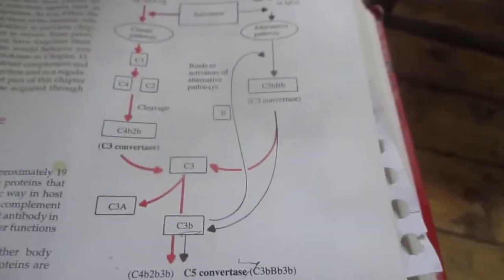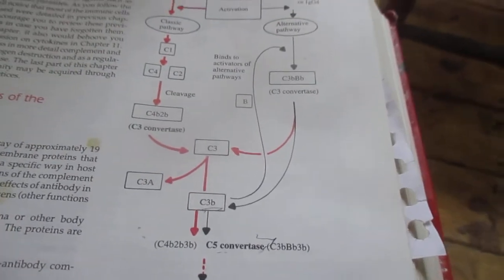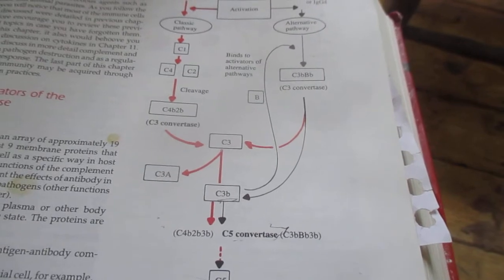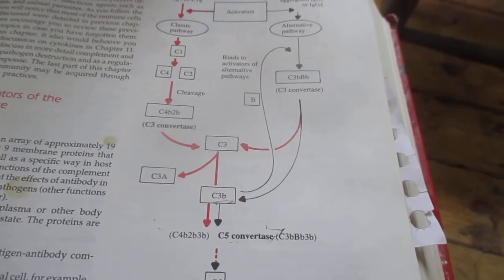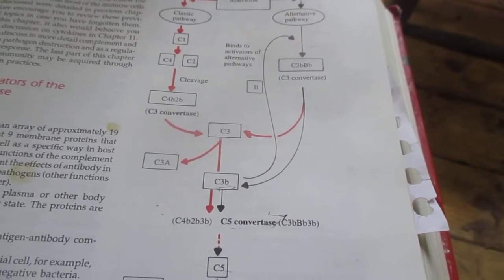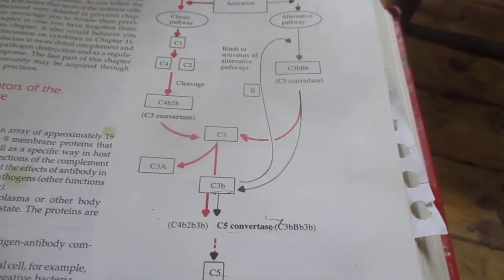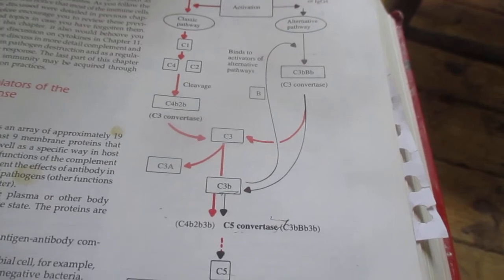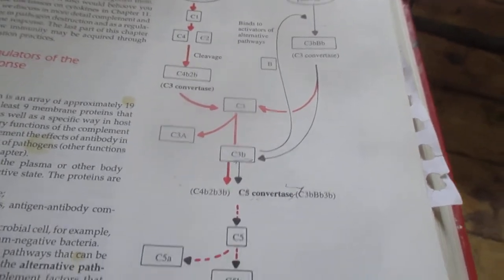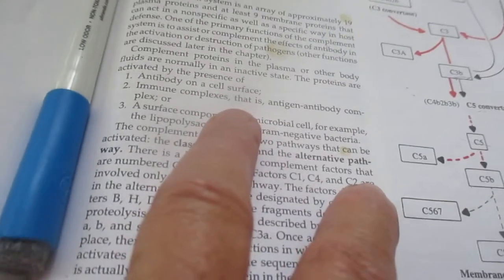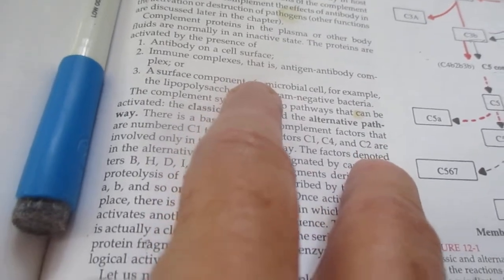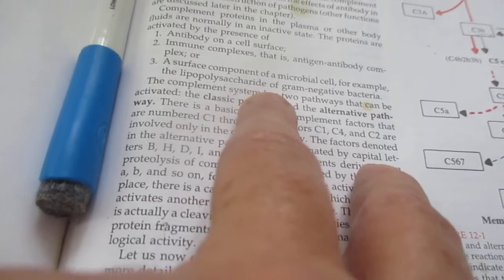So it assists the antibody. Complement proteins in the plasma or other body fluids are normally in an inactive state. The proteins are activated by the presence of antibody on a cell surface, immune complexes, a surface component of microbial cell, and so on.